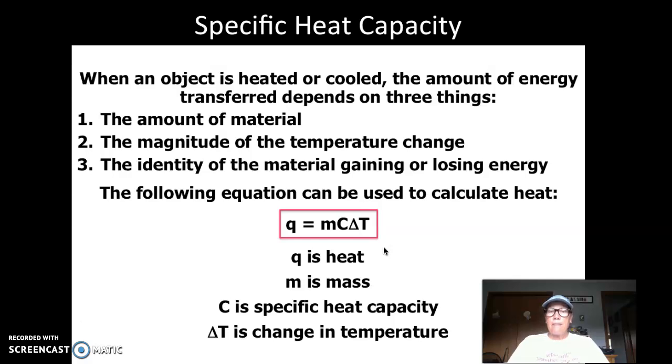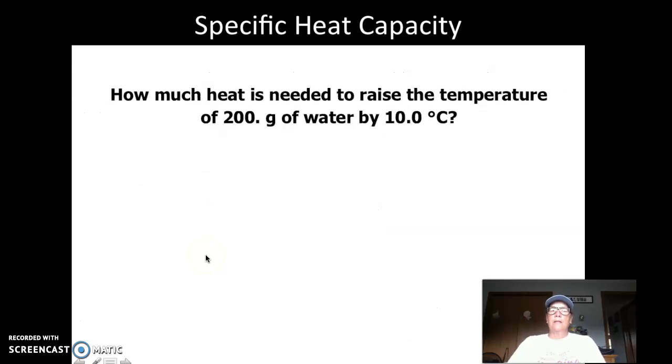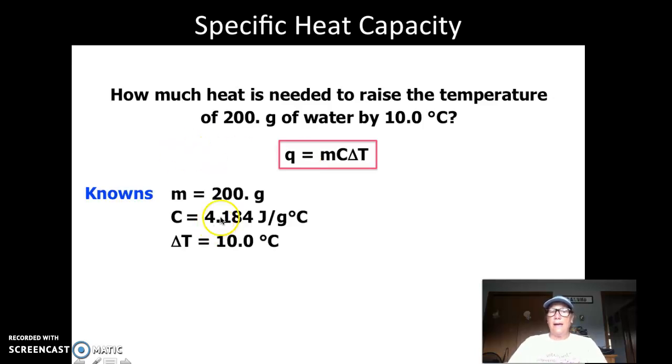All right, again, here's the numbers here, and if I go too fast, you just pause and then you can write it down. So how much heat is needed to raise the temperature of 200 grams of water by 10 degrees Celsius? We've got the mass, we've got 10 degrees, which is how much it's going to go up, and we know water's specific heat. So our mass is 200, our specific heat is 4.184, and it's joules per gram Celsius.